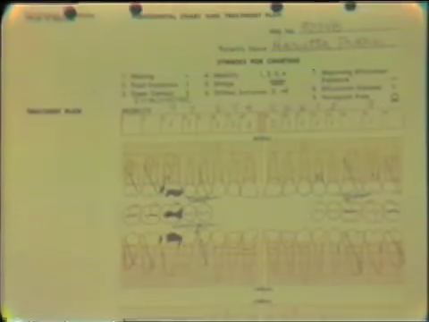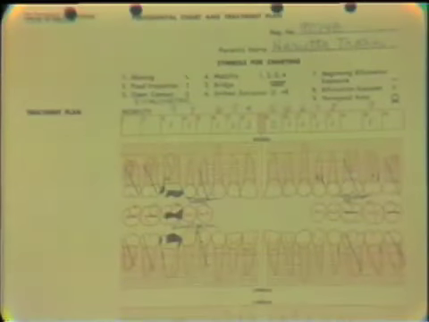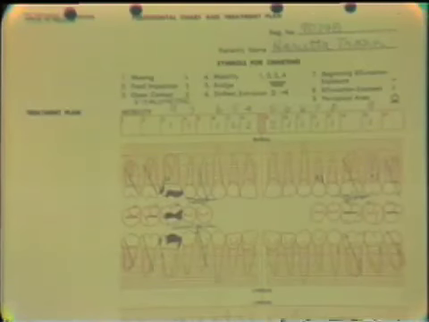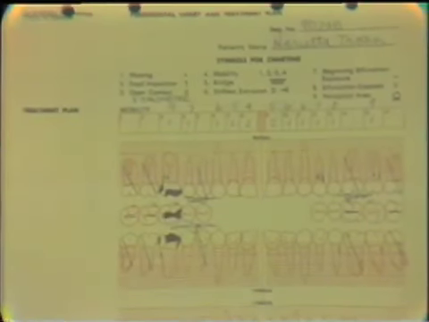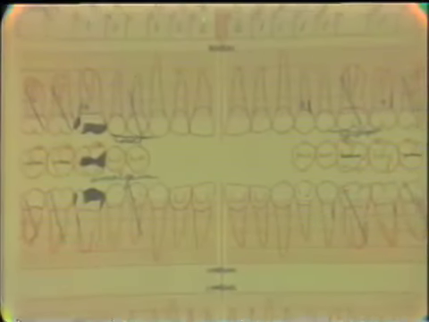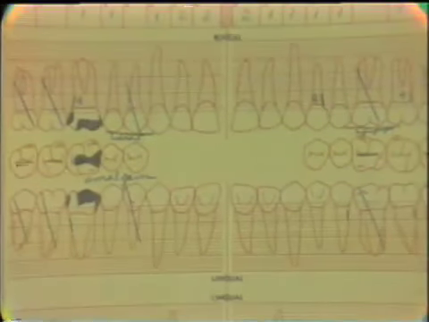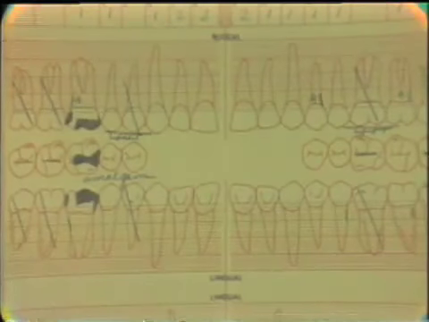Vitalometer recordings can be recorded on this chart, reactions to percussion, mobility of the teeth, the results of the periodontal examination. Any pockets over 3 millimeters should be recorded on the chart.